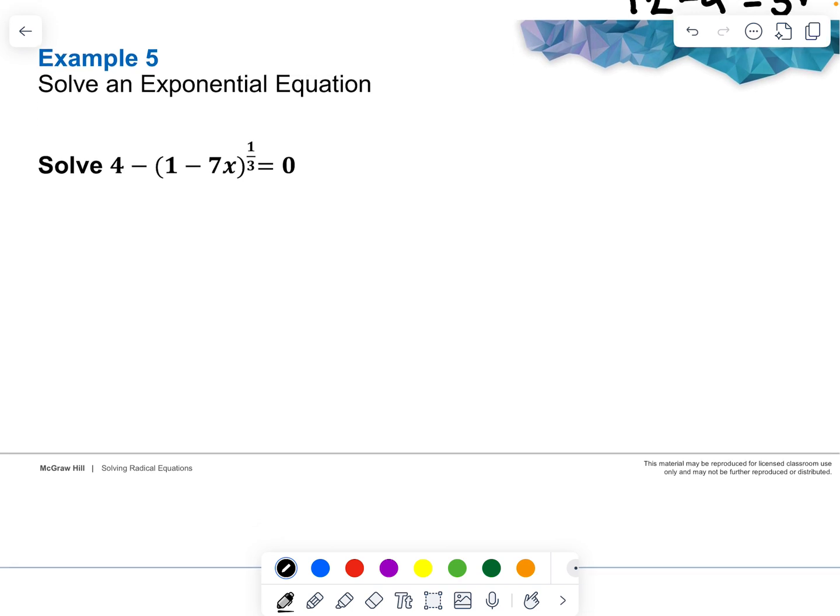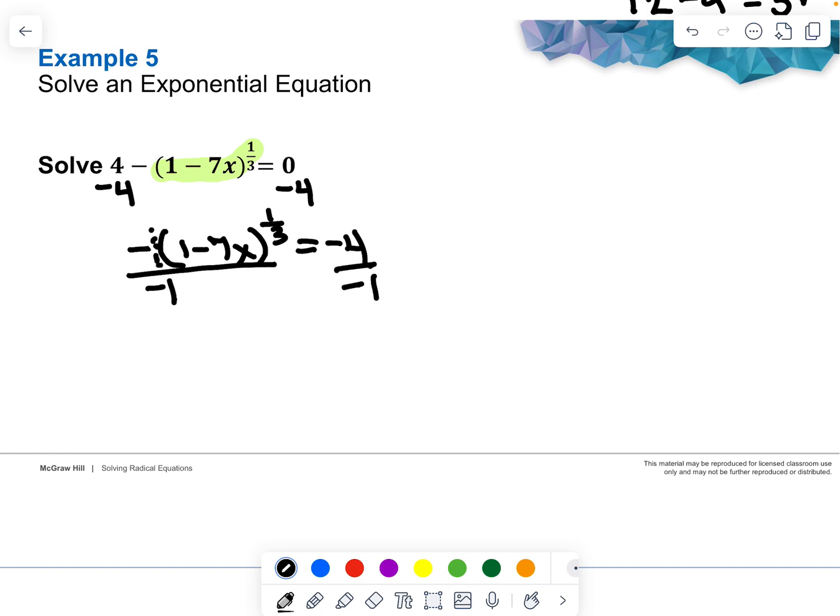Let's try another one. So in the first step, we want to get this exponential part by itself. So I'm going to subtract 4. And then you can't just ignore this negative in front of the parentheses. So we need to divide by -1 because that's what that means, right? There's a 1 right there.